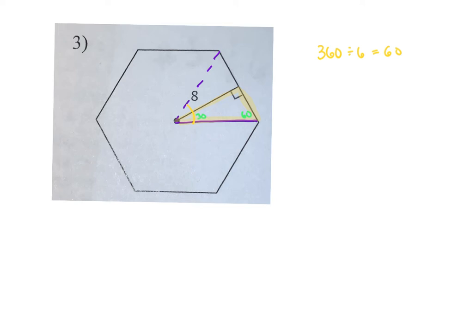And I know the longer leg of the 30, 60, 90 triangle, all right, which is 8. So my apothem here is also the longer leg of my 30, 60, 90 triangle. What I need is the shorter leg of my 30, 60, 90 triangle. And so this is where it's very important to remember that if this is what I'm looking for, this side is going to be that times the square root of 3.